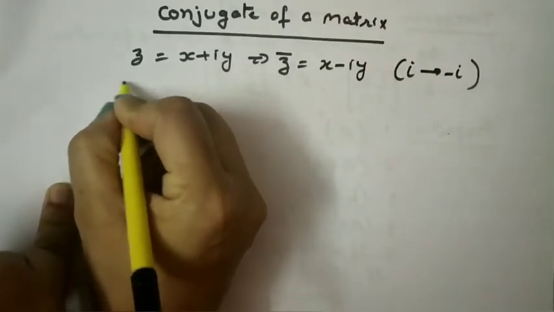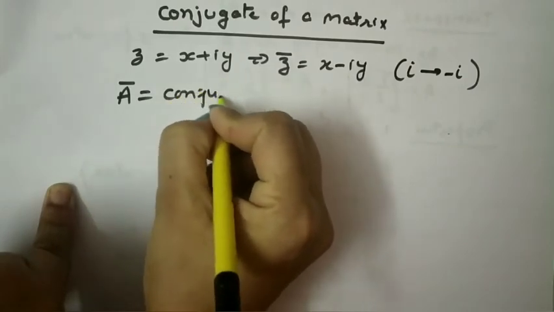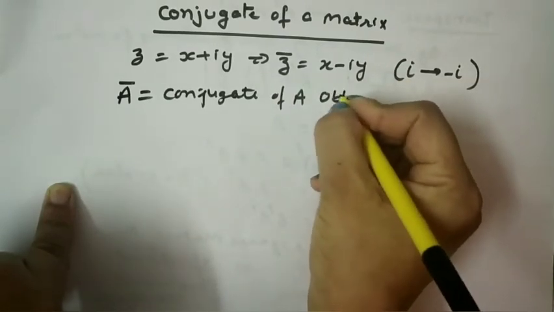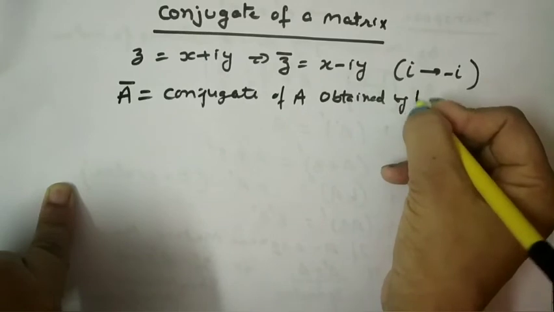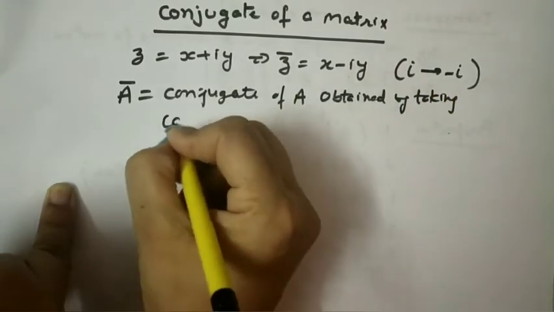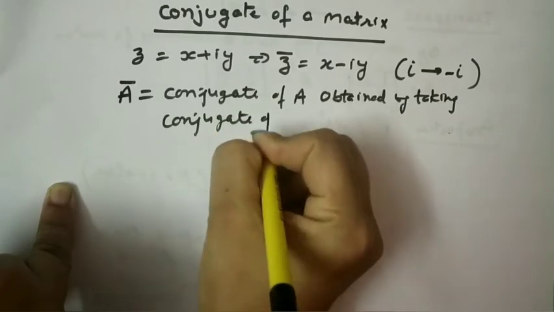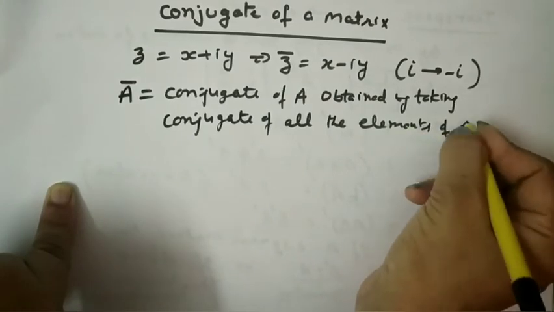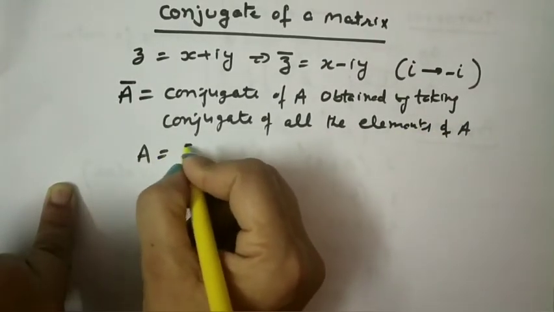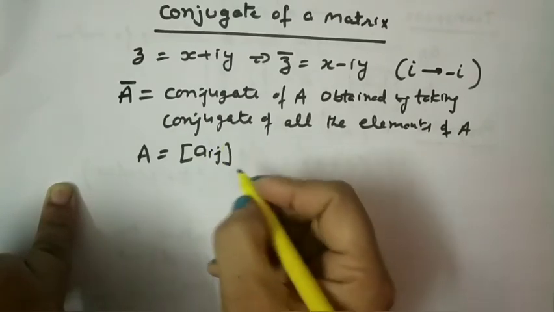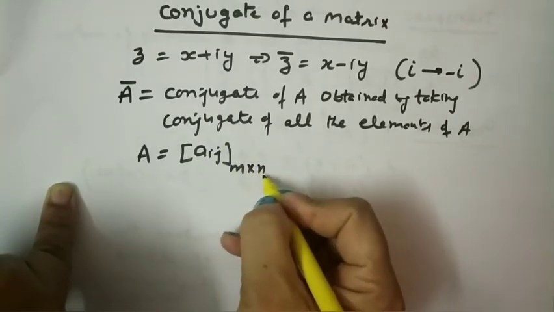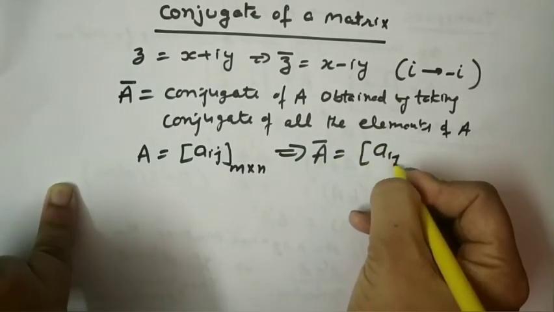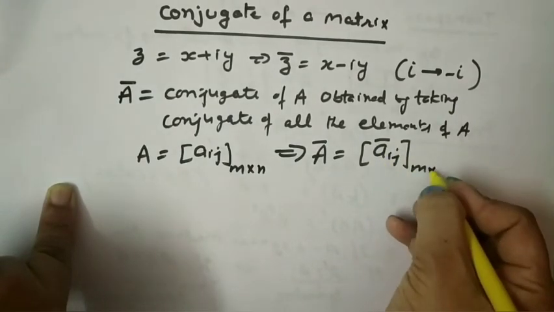So it is denoted by A bar, that is the conjugate of A, that is obtained by taking the conjugate of all the elements of A. So if the A matrix is denoted by Aij, if its order is m cross n, meaning m rows and n columns, then its conjugate A bar will be Aij conjugate, and the order will remain the same.